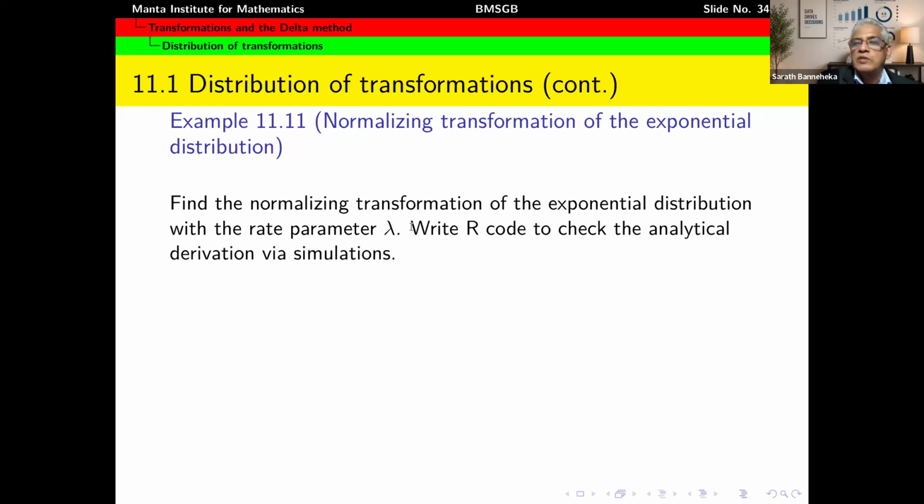This problem was taken from the textbook. Assuming that you have some data coming from an exponential distribution with parameter lambda, write code to do the previous steps, that is, to check the analytical derivation via simulations.